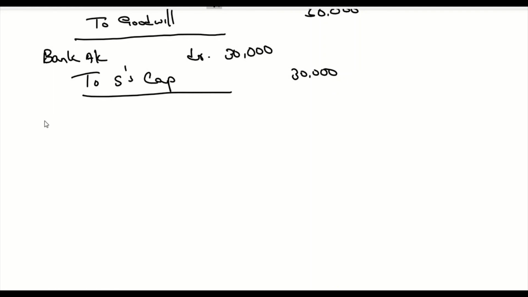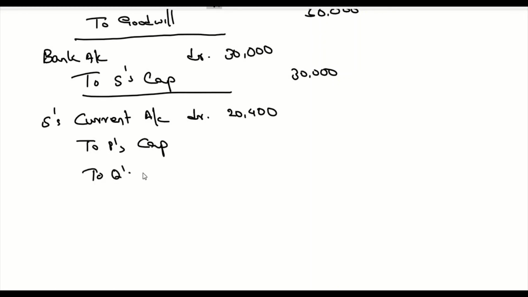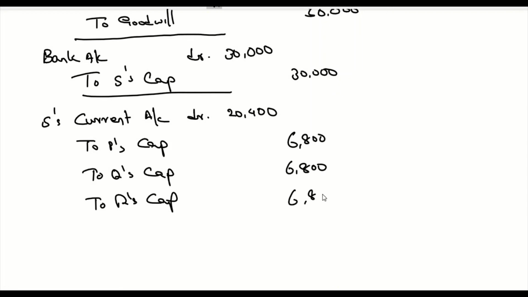It's going to be S's current account debit 20,400 to sacrificing partners, to P's capital, to Q's capital, to R's capital. It has to be in the sacrificing ratio, which is 1:1:1. So it's going to be 6,800, 6,800 and 6,800.